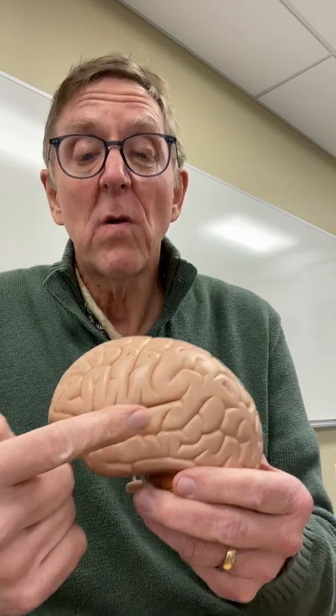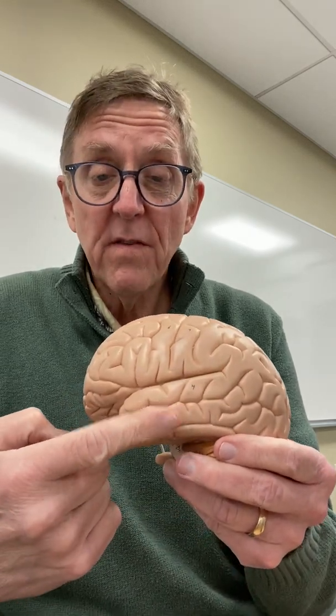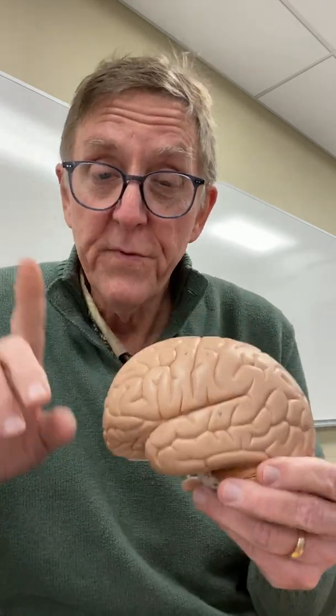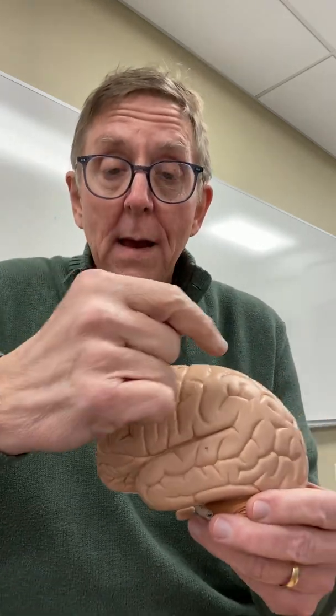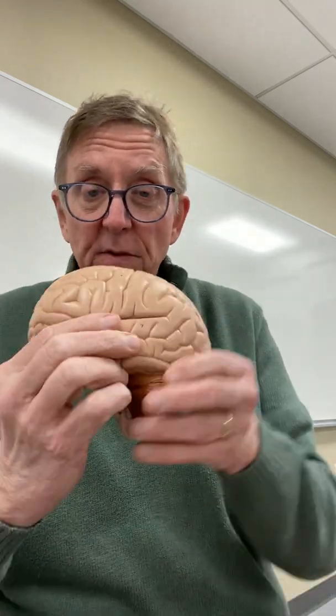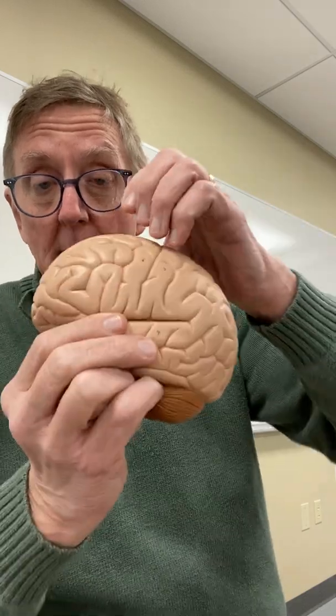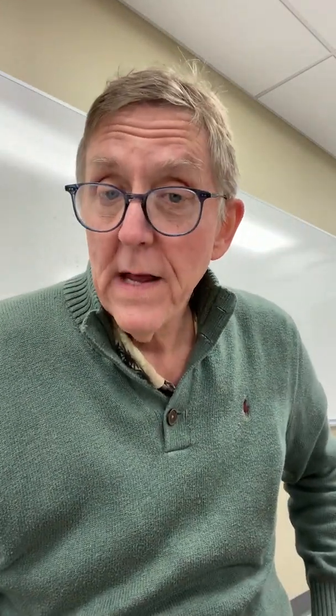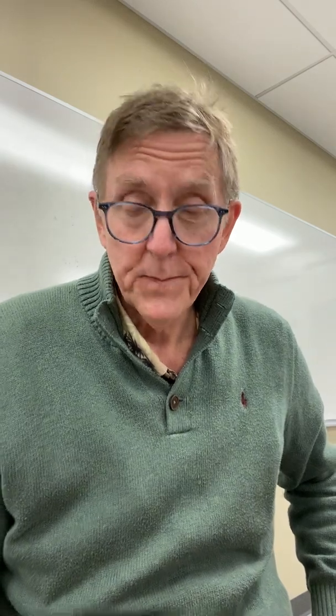And then below we have another sulcus here that separates the temporal lobe. So we have 5 lobes: frontal, parietal, temporal, occipital here on the back, and then there's one that's hidden down inside. If you could pull a brain apart and look, you would see one inside called the insula.